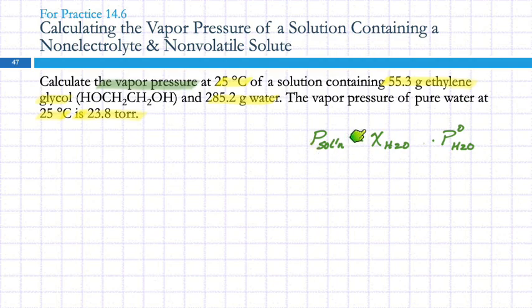So the equation tells me I need the mole fraction of water in this solution, and I need to know the vapor pressure of pure water. Well, they gave me the vapor pressure of pure water, 23.8 torr. So that's the vapor pressure of pure water. So what I have to find is the mole fraction. I'm looking for the mole fraction of water in this solution.